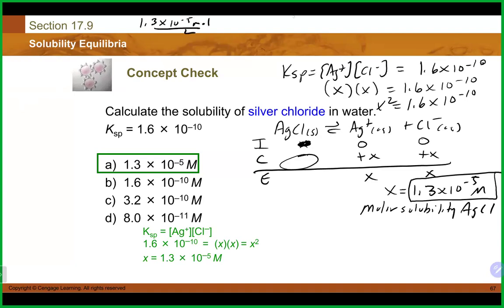If I wanted it in grams per liter, how do you go from moles to grams? You use the molar mass from the periodic table. So if we wanted to convert that into grams per liter, we would go to the periodic table, 107.9 maybe for silver, 35.45 for chlorine. We would times it by the molar mass of silver chloride, grams per mole.